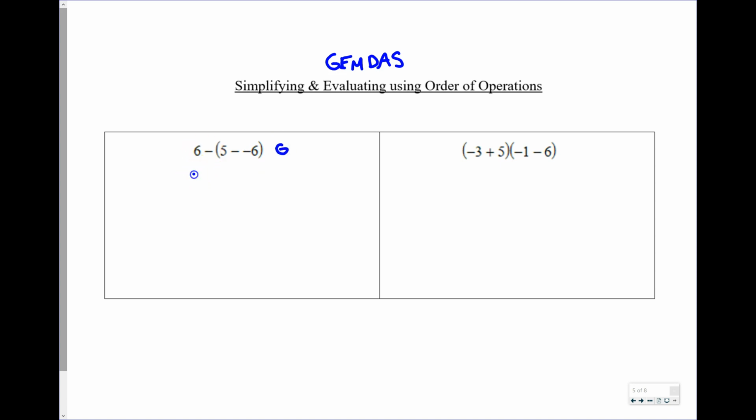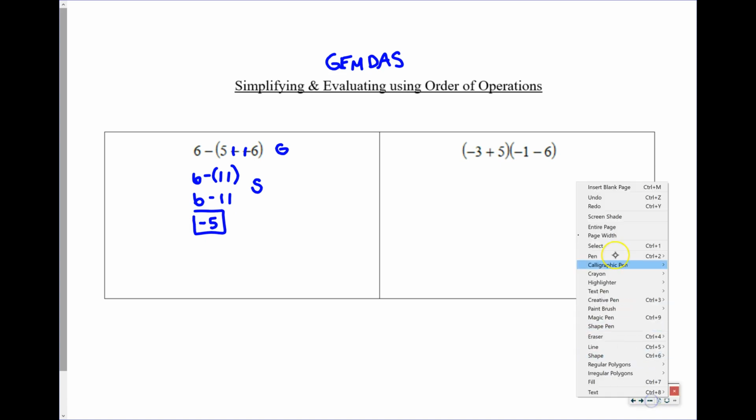So I'm going to keep this 6 minus, but now I'm going to group 5 minus negative 6. 2 negatives become a positive, and that gives me 11. Once I have one thing inside the parentheses, I can just drop the parentheses. 6 minus 11, that is now our subtraction step. I'm going to get negative 5. And that is my answer.